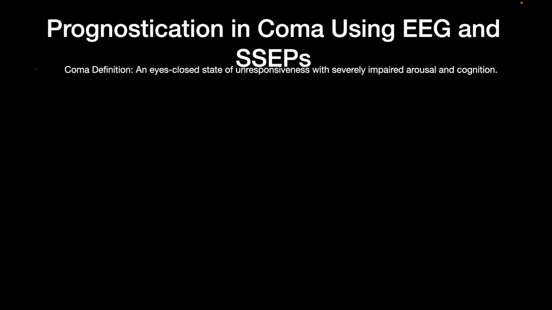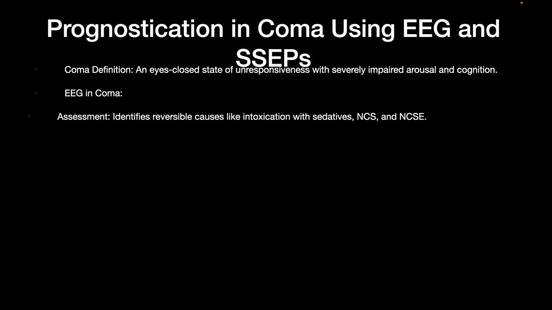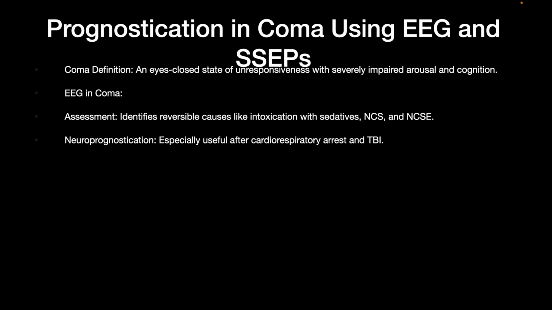Regarding prognostication in coma with EEG and SSEPs, coma is defined as an eye-closed state of unresponsiveness with severely impaired arousal and cognition. What is the EEG in coma? The assessment is to identify reversible causes like intoxication with sedatives or non-convulsive status or status epilepticus.